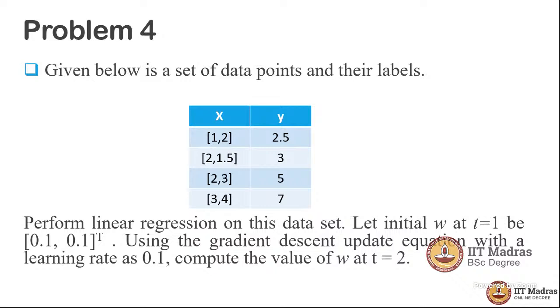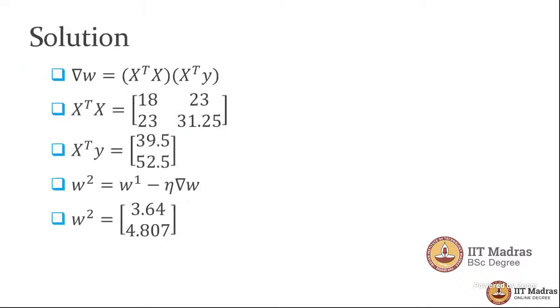Since taking the inverse computation may take time, I didn't ask for the analytical method. You'll get one matrix answer and then use it to find the updated weight value.